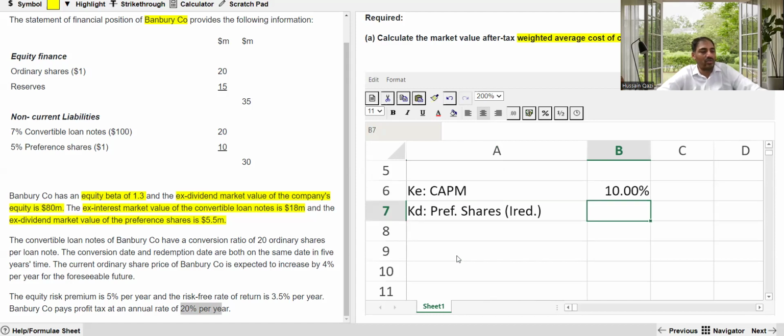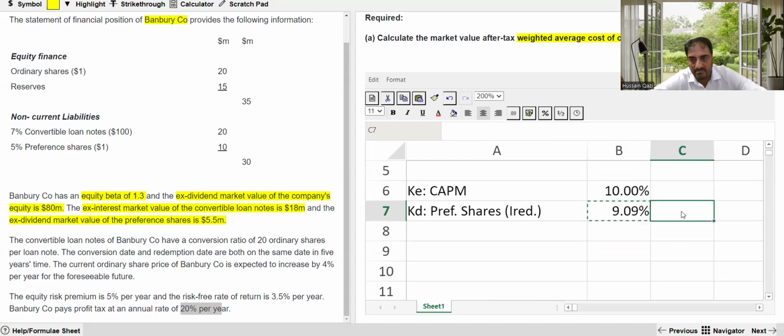Very simple formula about the irredeemable preference shares. What the formula about is equal to preference shares total 10 million book value 10 million multiply by 5%, divided by the market value, that is 5.5. That's a percentage.